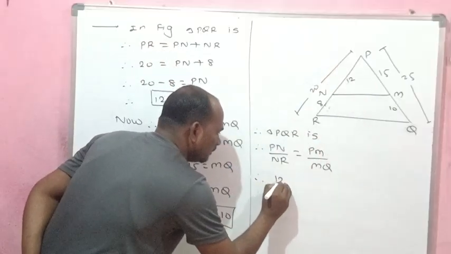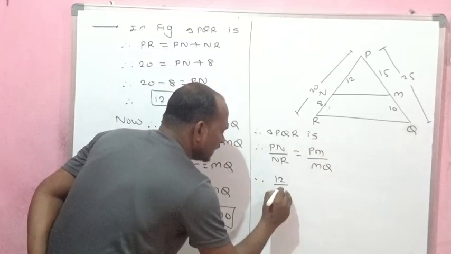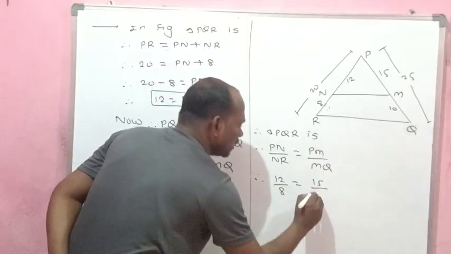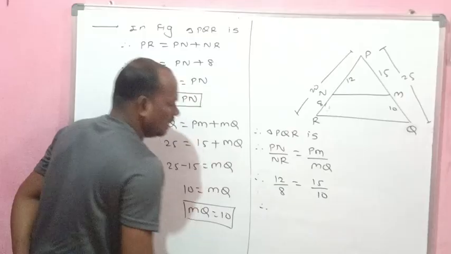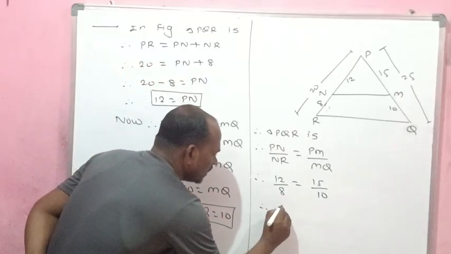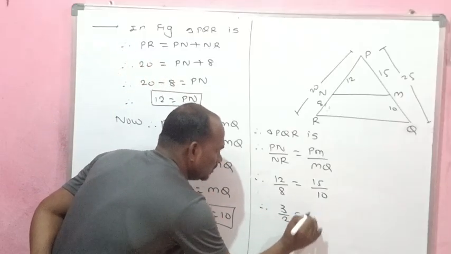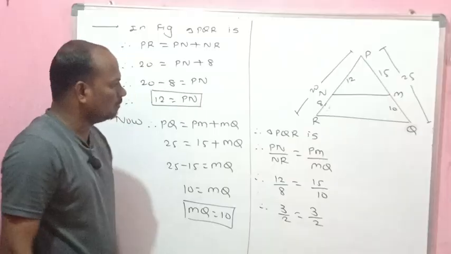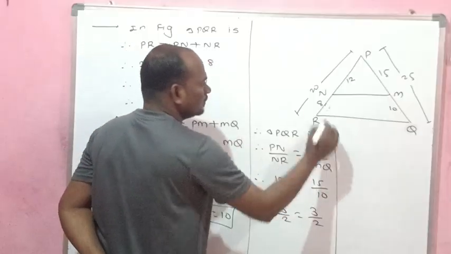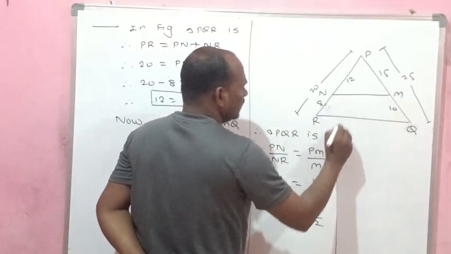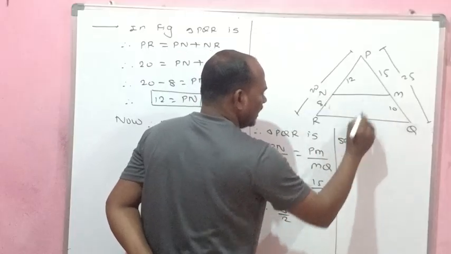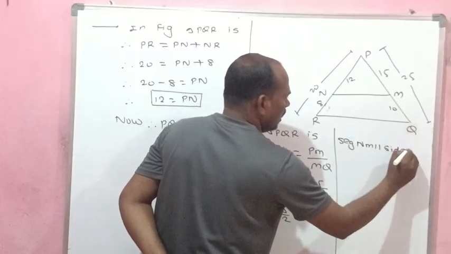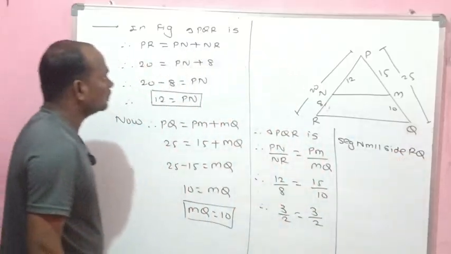Now value of PN is 12, value of NR is 8, value of PM is 15, and value of MQ is 10. Now we can divide, 4 3s are 12 and 4 2s are 8, 5 3s are 15 and 5 2s are 10. Both ratios are equal. Then the side NM is parallel to side RQ. Now we can see.